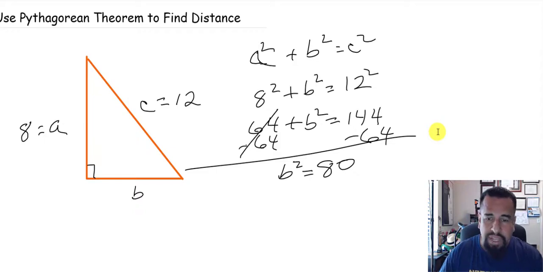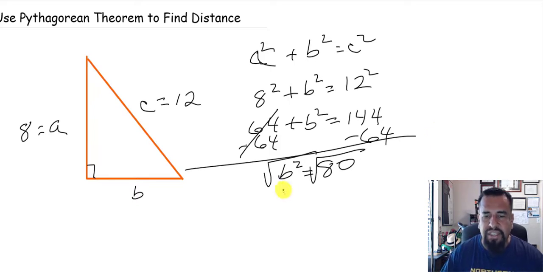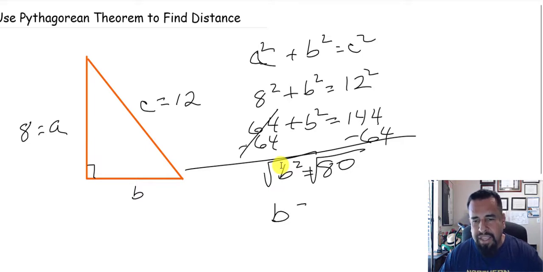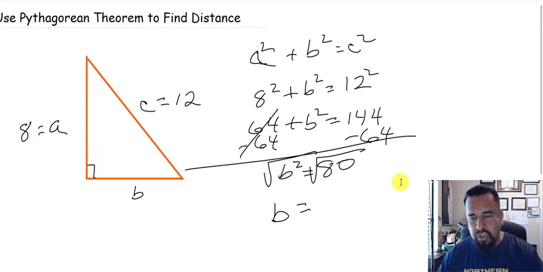Last step, always the last step is to undo this part. So you take the square root of both sides. On this side, if I take the square root of b squared, it just becomes b. And on the other side, 80 is not a perfect square. So you have to listen to your teacher, see what they want, because you can leave this as a final answer.